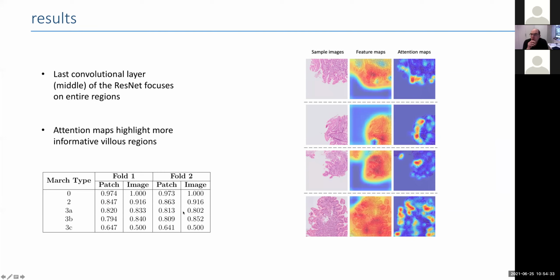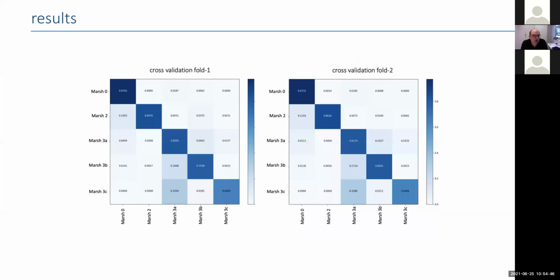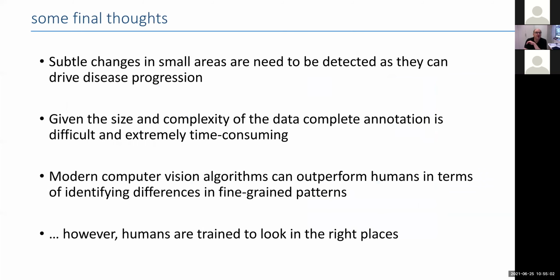So this is something we're looking at the moment, but there's also the tendency that pathologists use the mid-grades far less. So there is a class imbalance problem here as well. And you see the confusion matrices. So there are more confusions between the Marsh types 3 than between the Marsh types 1 and 2 overall. Some final thoughts.